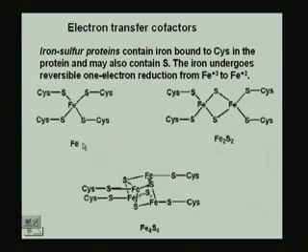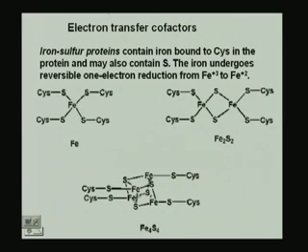The ones that have been drawn here are the Fe1 with just the Fe coordinated to the cysteines. You can have Fe2S2 where you have the iron coordinated not only to cysteines, but also to additional sulfurs. And the iron itself can undergo a reversible 1 electron reduction from Fe3+ to Fe2+. So, you understand how this can be important when we are considering electron transfer.